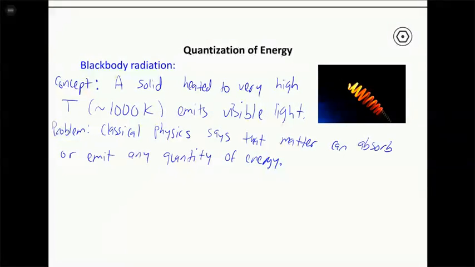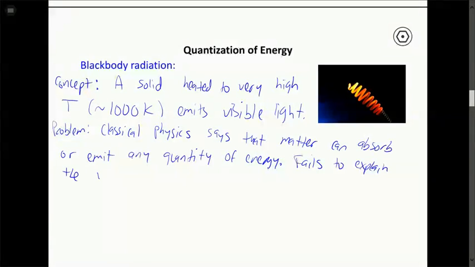But when they did some experiments with black body radiation, it didn't really fit the theory. So this classical theory fails to explain the wavelength intensity relationship of black body radiation.